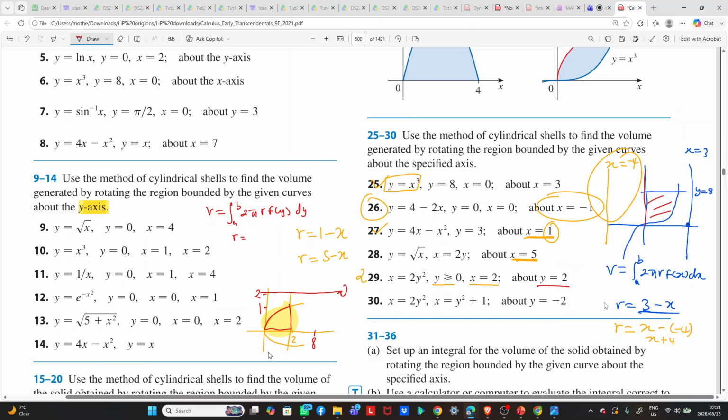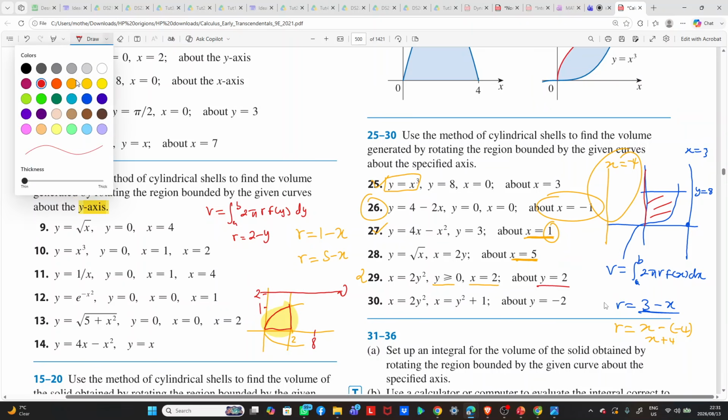R is going to be 2 minus y. That is going to be your r. It's going to be 2 minus y.